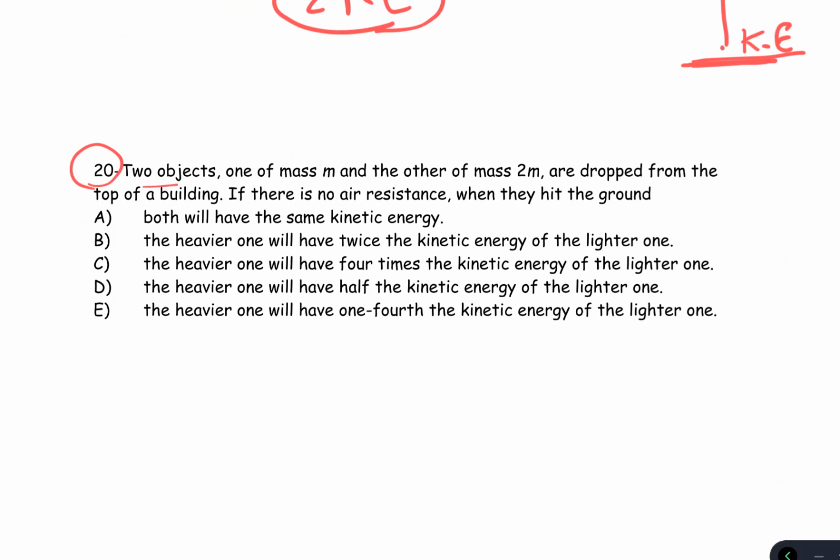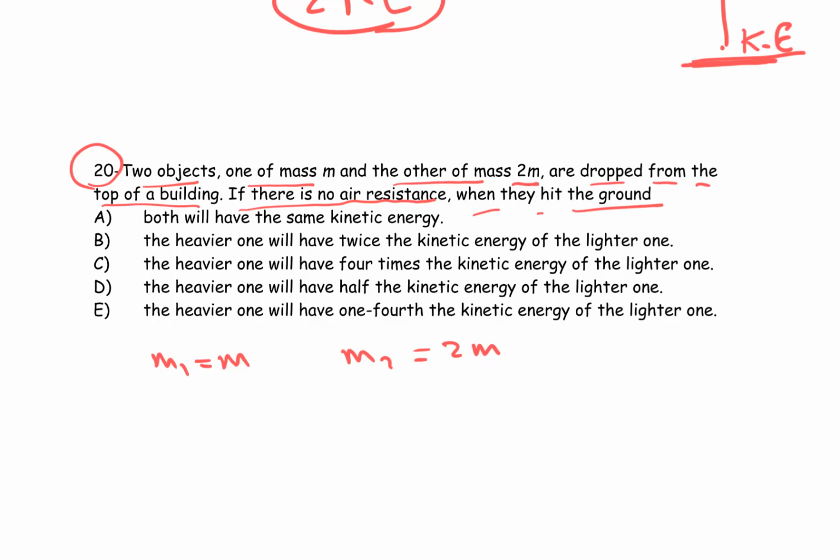Last one here: two objects, one of mass m and the other of mass 2m. The first mass m1 equals m, m2 equals 2m, are dropped from the top of a building. If there is no air resistance, when they hit the ground, you know the whole potential energy will change to kinetic energy.